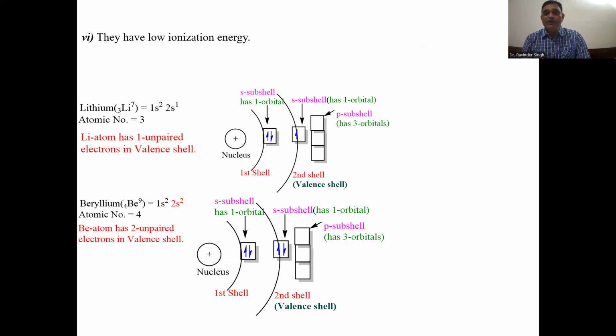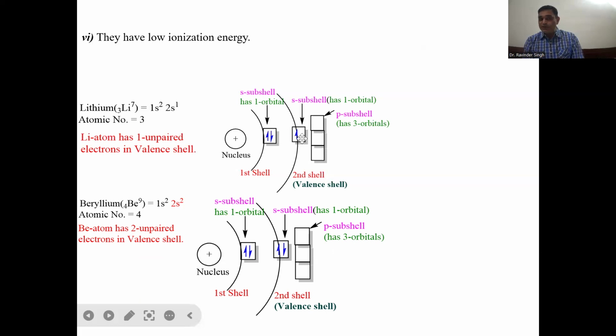Next, they have low ionization energy. Low ionization energy means, as we all know, the nucleus has the positive charge, and the valence electron has the negative charge. So there is attraction between the nucleus and that valence electron. Due to that attraction, these valence electrons are strongly attracted towards the nucleus.